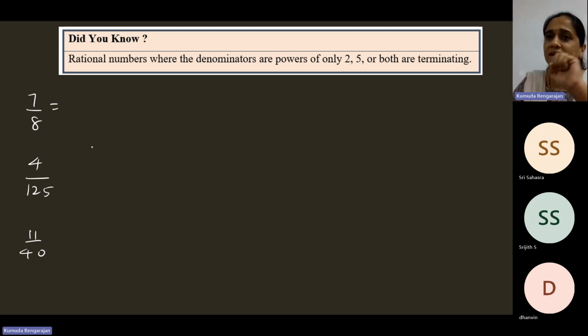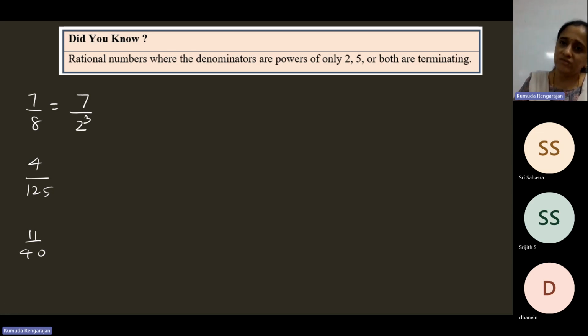You cannot simplify that any further. Denominator is 8, which is 2 into 2 into 2 or 2 cubed. The prime factor of the denominator 8 is only 2. Then 7 by 8 has a terminating decimal expansion. That is, when you divide 7 by 8, the quotient is a terminating decimal and the remainder will be 0.